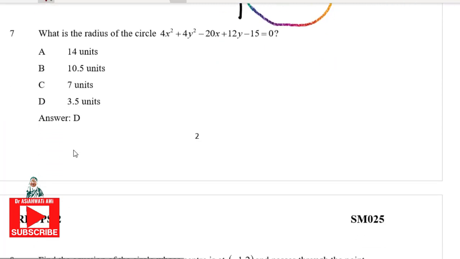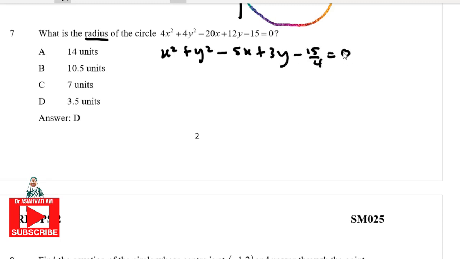For number 7, what is the radius of the circle given this circle? Find the radius. Okay, you can complete the square and find the radius from the standard form of the equation of the circle, or use the general form. So using the general form, you need to make sure to divide by 4, so the coefficient of x squared and y squared is equal to 1. Okay, divide by 4: x squared plus y squared minus 5x plus 3y minus 15 over 4 is equal to 0.